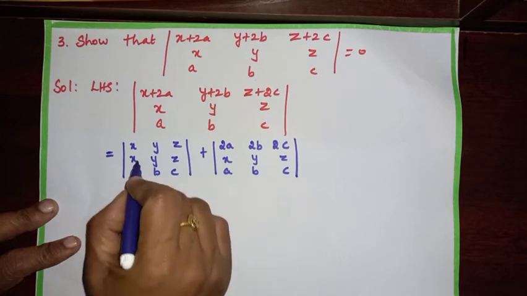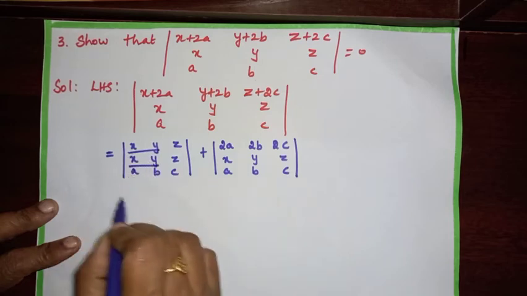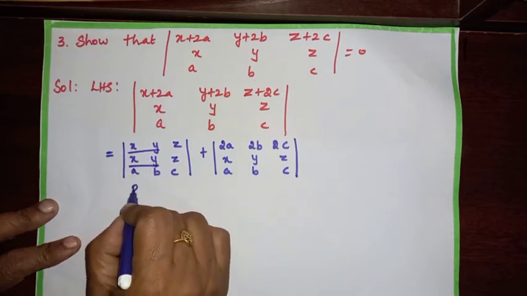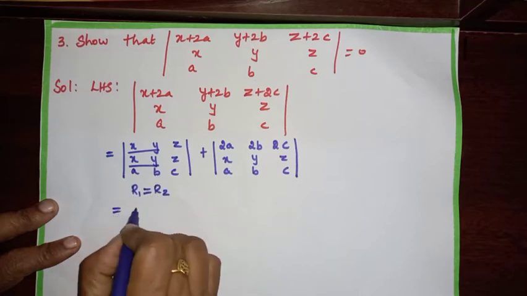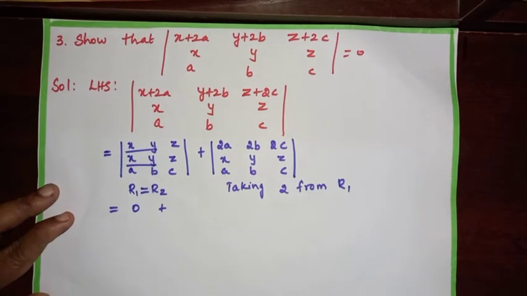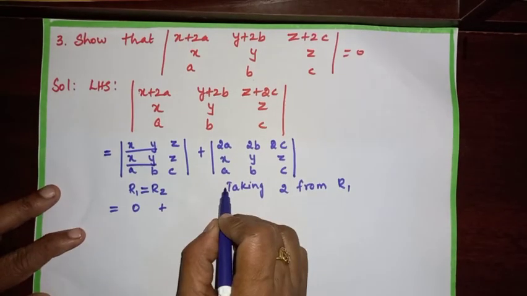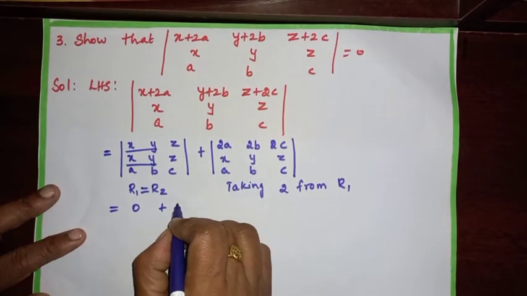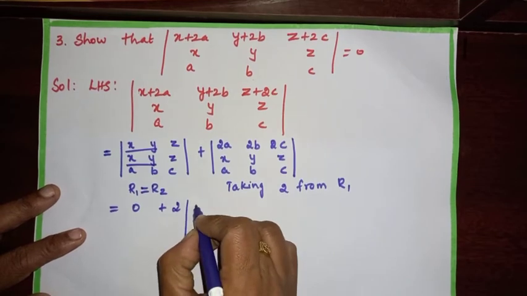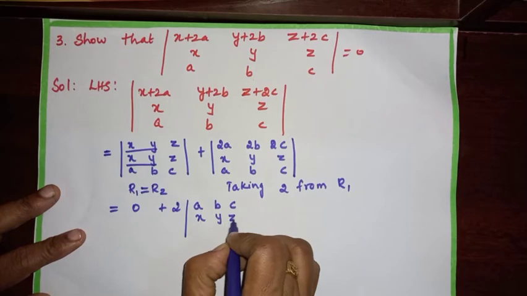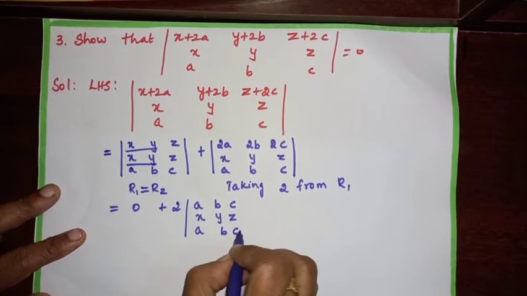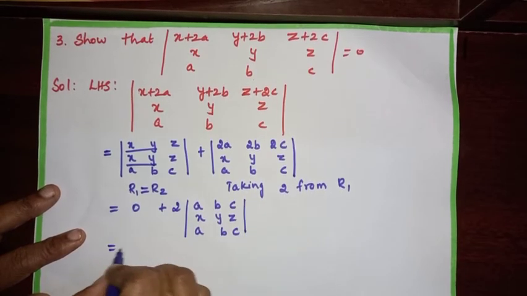Now see here, R1 and R2 are identical, so it will become 0. Taking 2 from R1, then we have 2 into the determinant with rows a, b, c, x, y, z, a, b, c. Now see the second determinant.